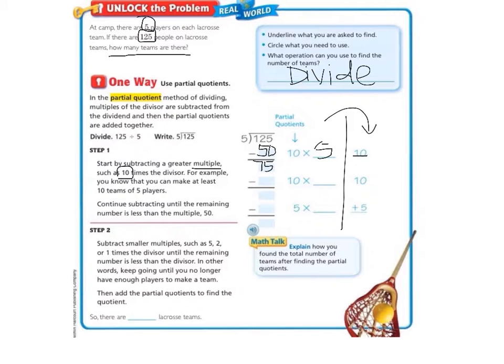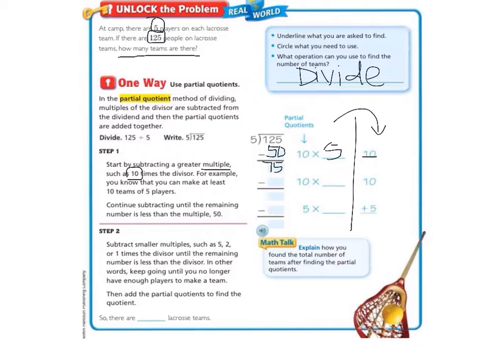Okay, well, since we still have a fairly large number, we're going to take out another 10 groups of 5. So 10 times 5 is 50 again. And we write the 10 over here so we know how many parts we're taking out. And then we subtract. 75 minus 50 is 25.